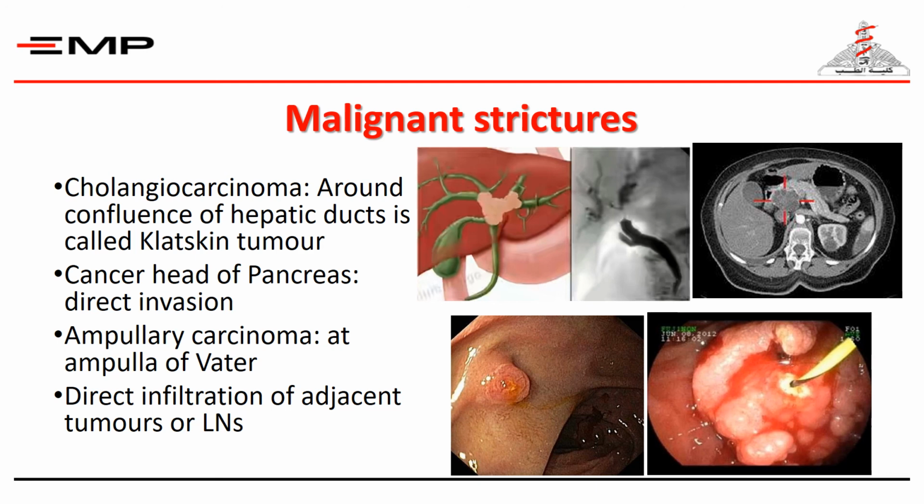MRCP plays an important role in identifying the level of obstruction and the length of stricture. CT and MRI are useful in detecting a mass, its invasion of adjacent structures, and the presence of metastases, usually to liver and draining lymph nodes.